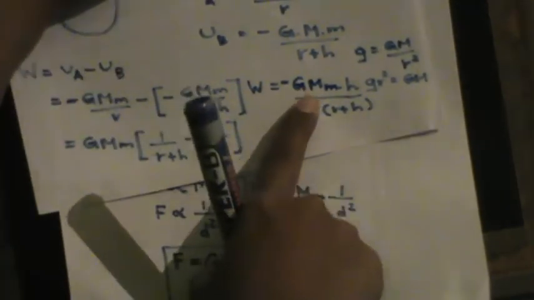So now you know that g equals GM by R square, right? So you can say GM equals g R square. You can simplify this, so R square will be cancelled with this one.